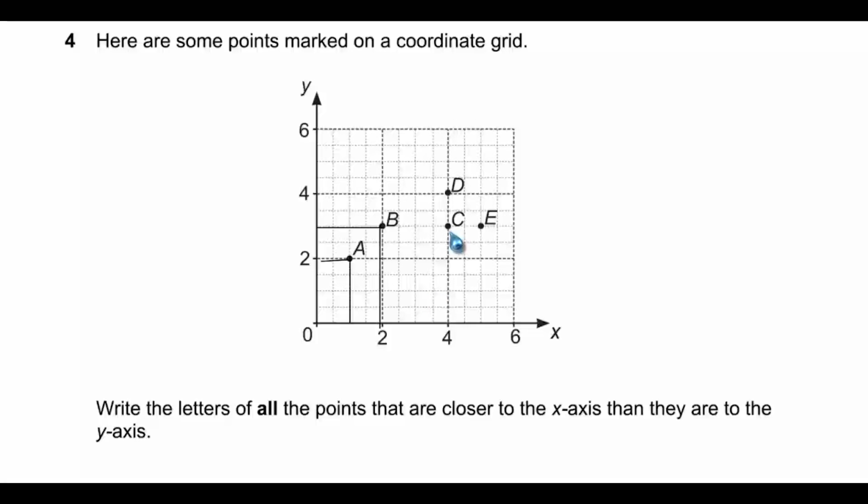For point C, if you do this and you join this again, if you look at it very well, you see that point C is closer to x compared to y. And if you want to count, you can see 1 2 3 4 5 6, and this is 1 2 3 4 5 6 7 8.